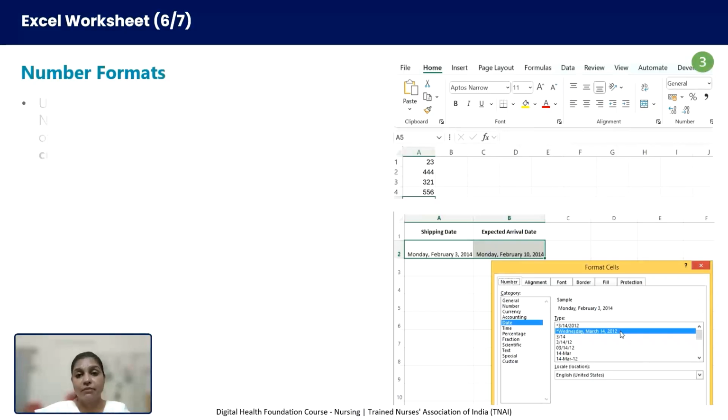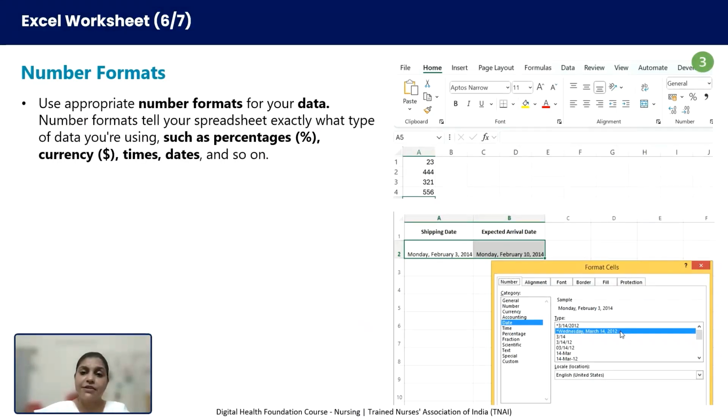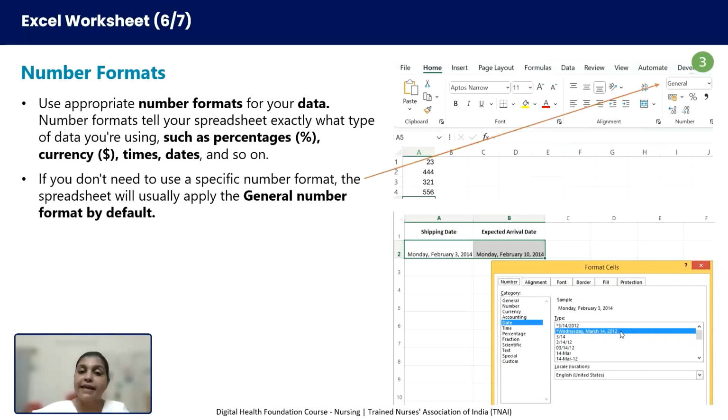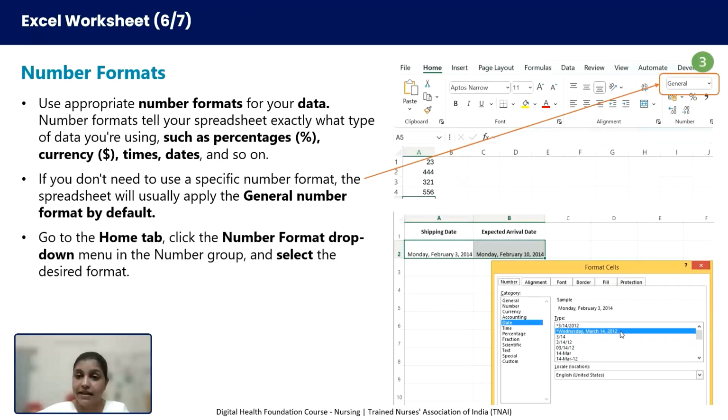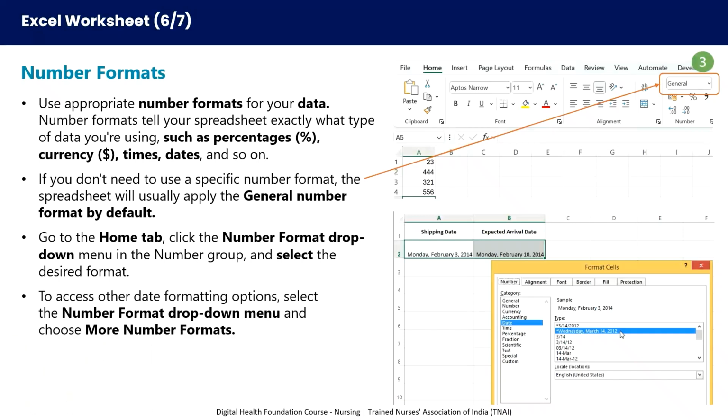Excel allows us to apply different number formats to represent data accurately, whether it's percentage, currency, time, or date. By default, Excel uses General format, but for clarity, we can change it by going to the Home tab and selecting the required format from the Number Format dropdown.